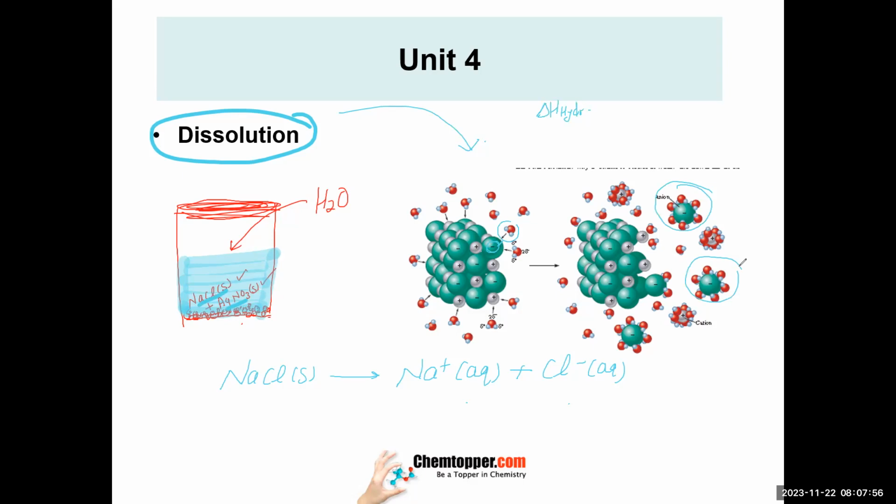We discussed the Born-Haber cycle also, lattice, all these things in Unit 3. So Na plus is taken away by oxygen of the water, because plus and minus attract. See how they are getting hydrated, surrounded by oxygen of the water. Cl minus is surrounded by hydrogen of the water.